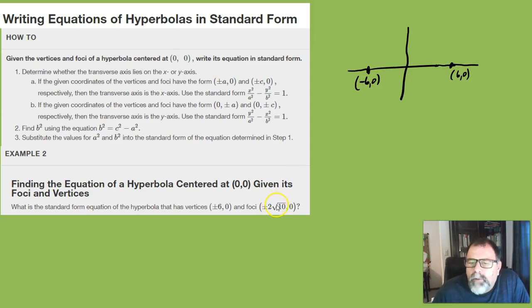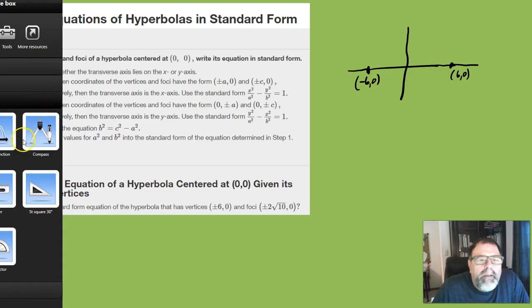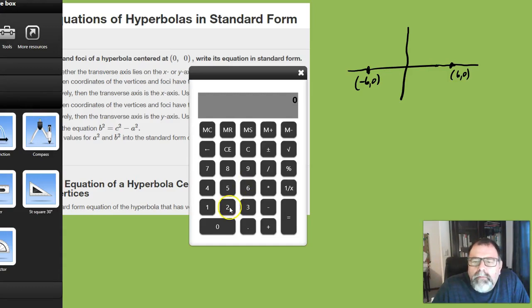And remember, it's a hyperbola, so if you do 2 square root of 10, what is that? It's like 6 point something. Let's figure it out approximately. So 2 times the square root of 10 equals 6.3.